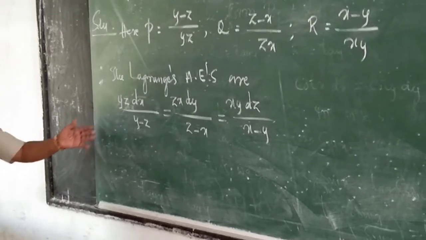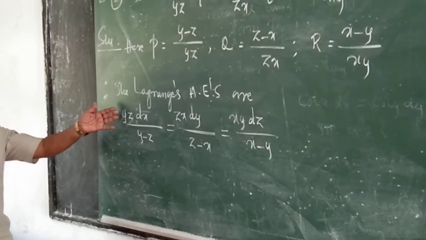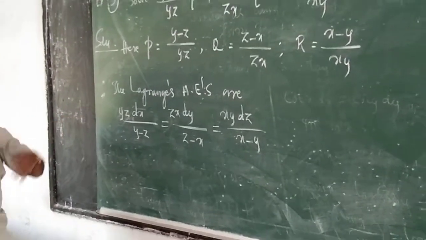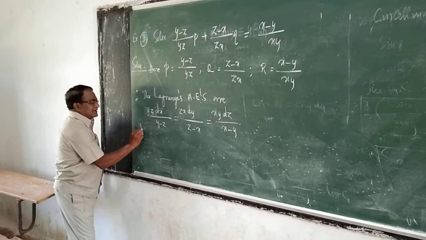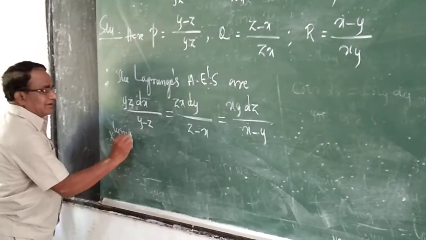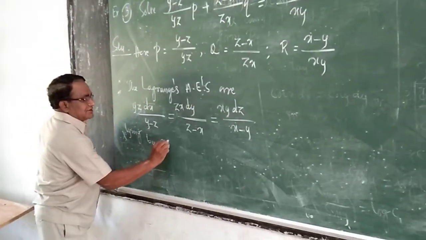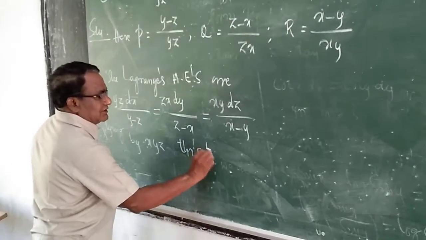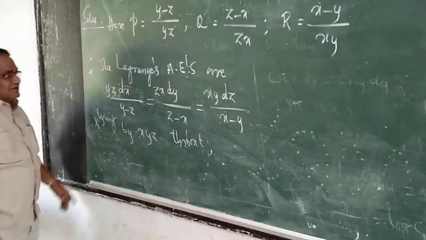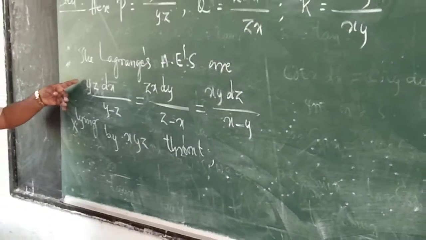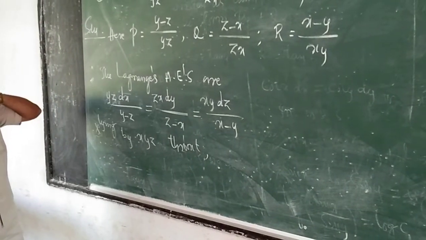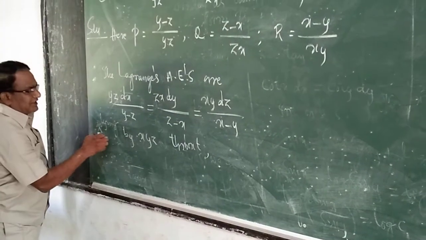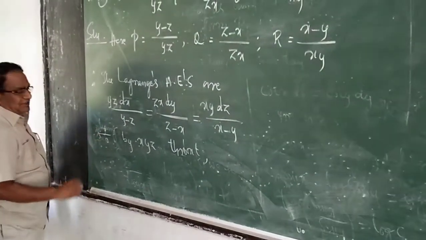Before that, you can just multiply this whole thing by x, y, z. If I multiply by x, y, z, it is of no use. You just divide by x, y, z.